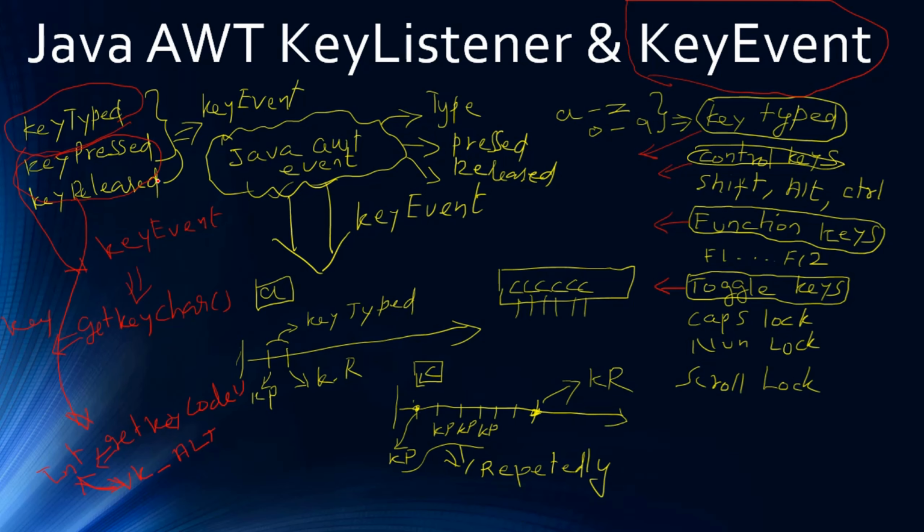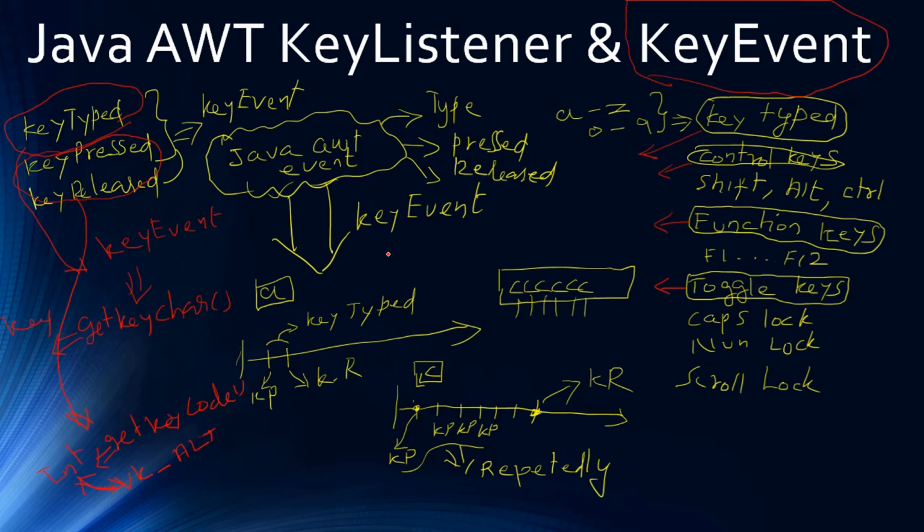When you receive the key event in released, that means the user released the alt key, so a key released event gets fired, and using the same getKeyCode method you can compare that the key released is alt. Like that we can check.